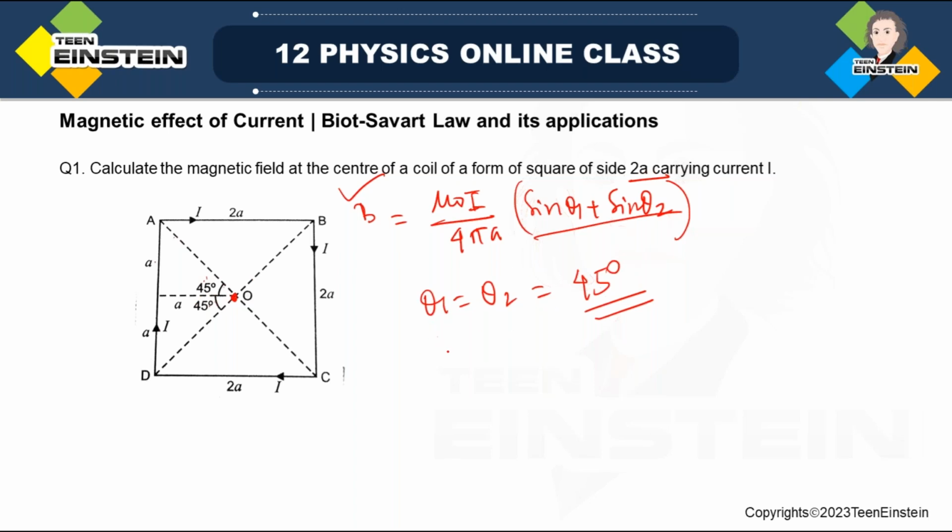And we know how to calculate the angle. So look here, then what we get? Mu 0 I by 4 pi a, sine 45 degree. This is sine 45 degree. That will be 1 by root 2 actually.